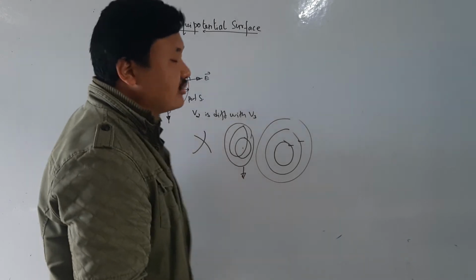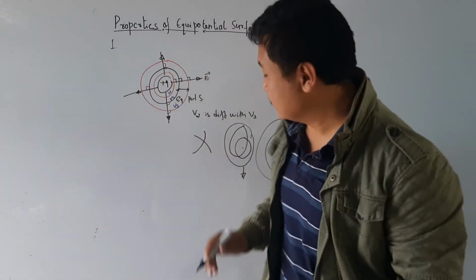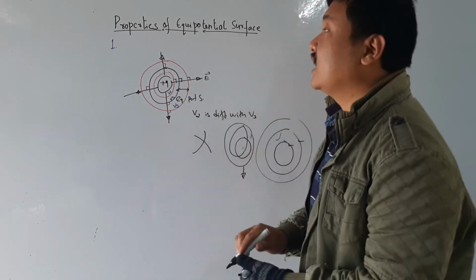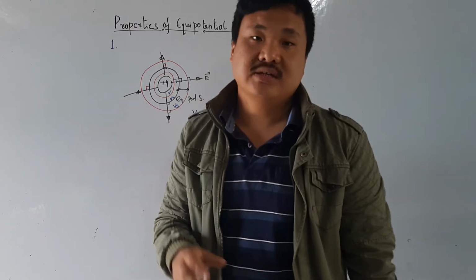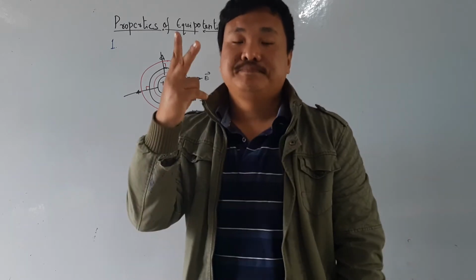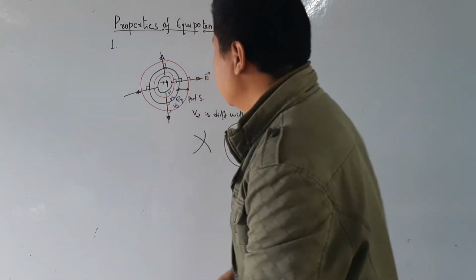If they intersect, it will look like this, and is that the correct geometry of equipotential surface? No. So if they intersect, it will violate the geometry of equipotential surface.